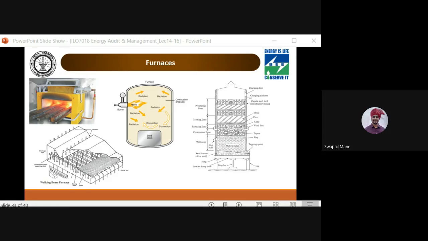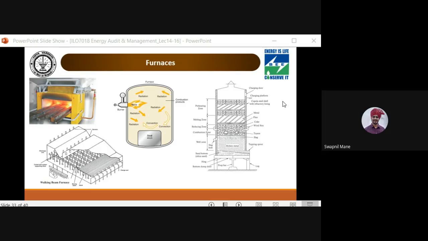The next figure shown over here is a cupola furnace. Cupola furnace is familiar to you. It is a tall cylindrical melting device used in foundries to melt iron, pig iron, and cast iron.